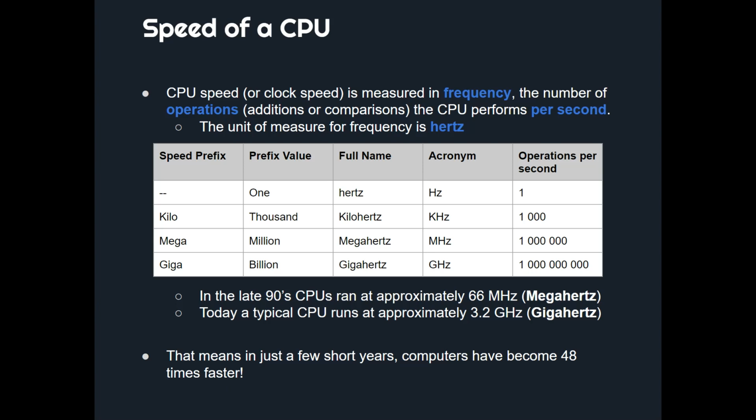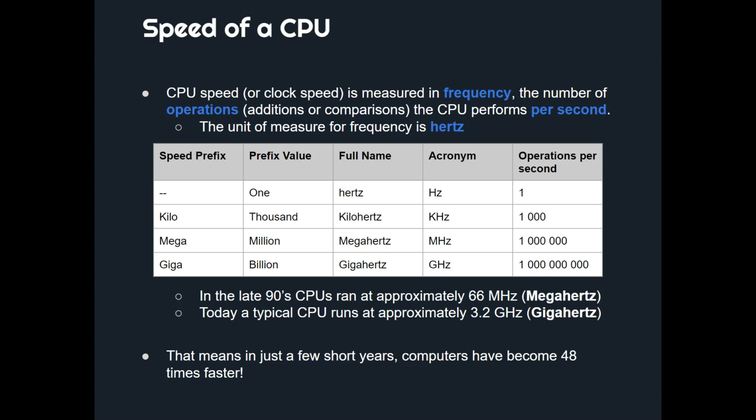So a kilohertz is 1,000 hertz. There's also megahertz, which is 1 million hertz, and gigahertz, which is 1 billion. So whenever you hear these terms, kilo is 1,000, mega is 1,000,000, giga is 1,000,000,000, and that applies in all units when they apply to any form of measurement. So keep these in mind going forward.